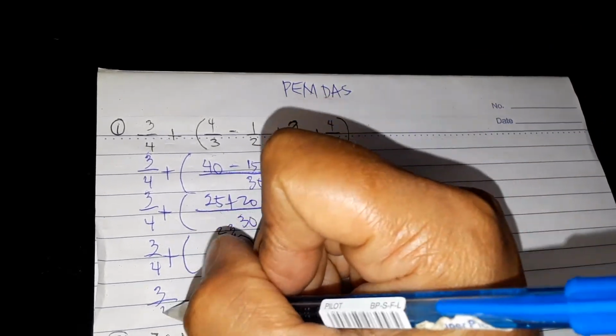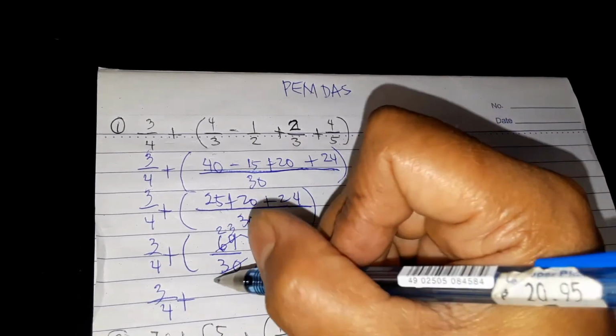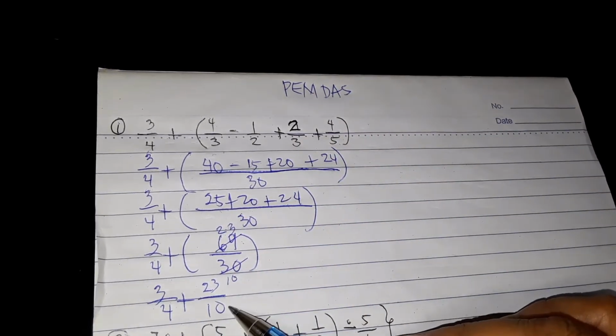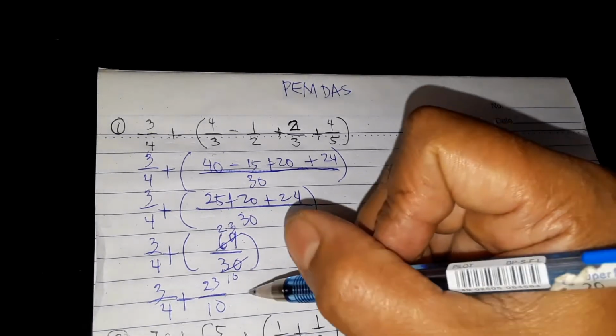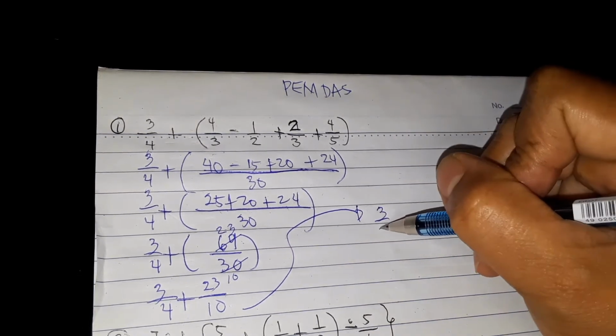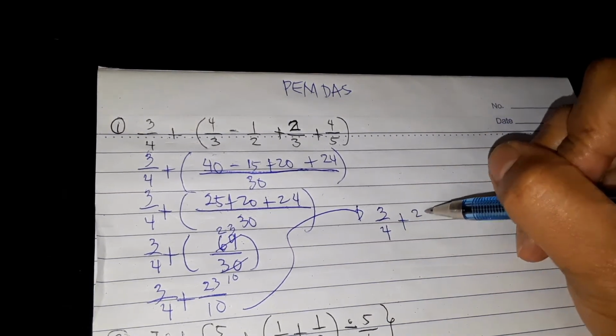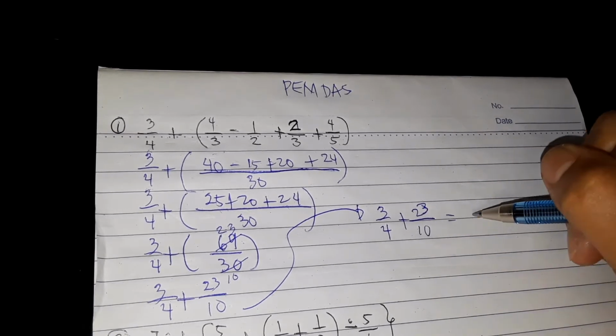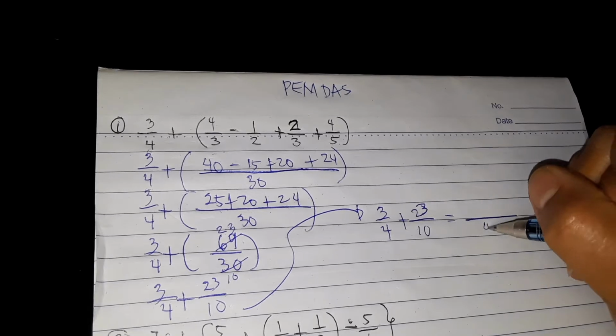So we have now 3/4 plus 23 over 10. So since they are unlike fractions, we will get their LCD. So 3/4 plus 23 over 10, their LCD is 40.